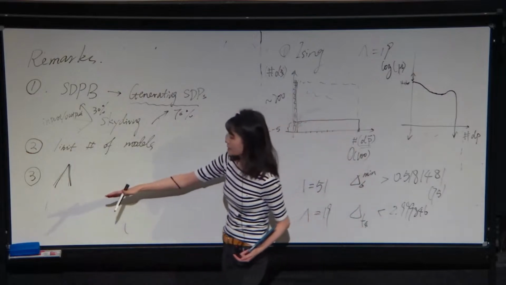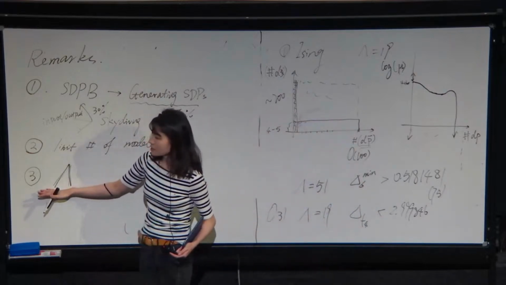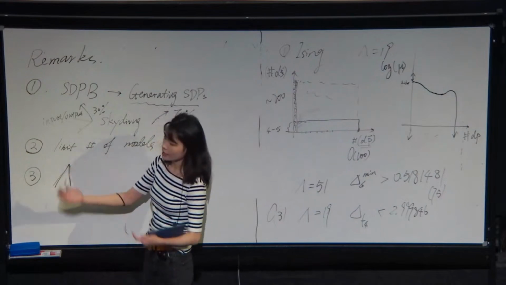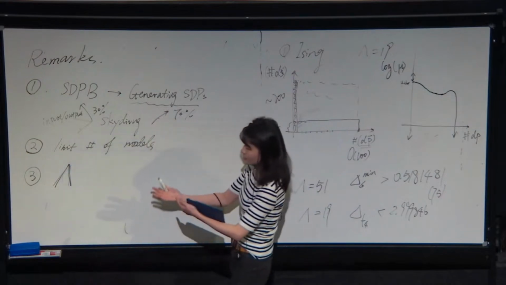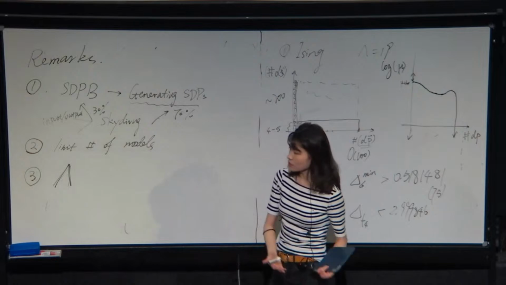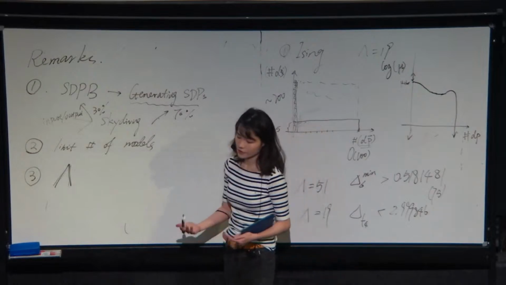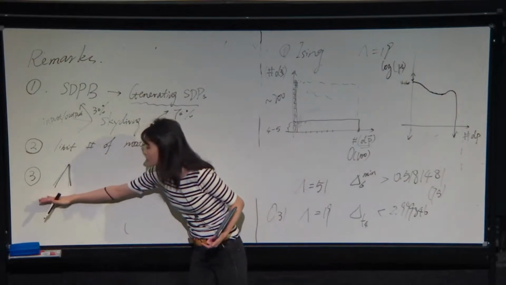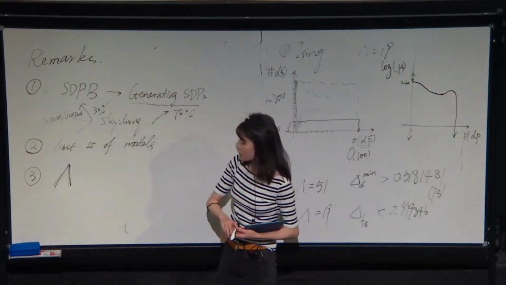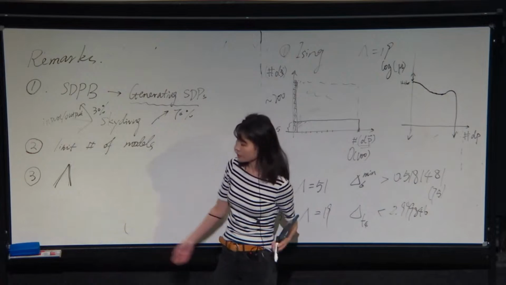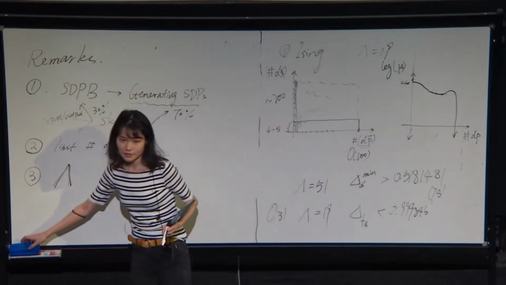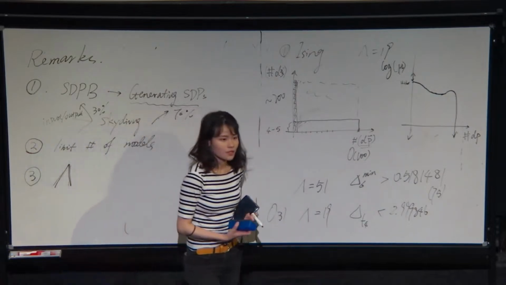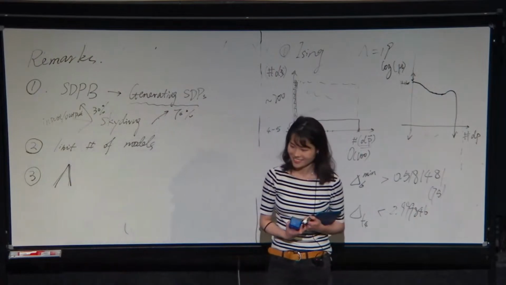So can we take lambda as a varying parameter as well? That is, can we extrapolate from a lower lambda to higher lambda efficiently? That will improve our numerical bootstrap algorithms very dramatically. Okay, I think that is the end of my talk.